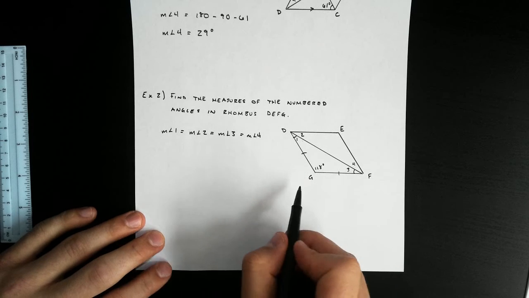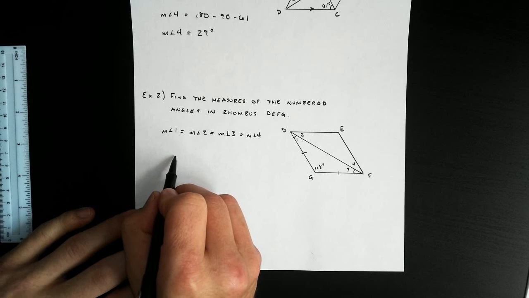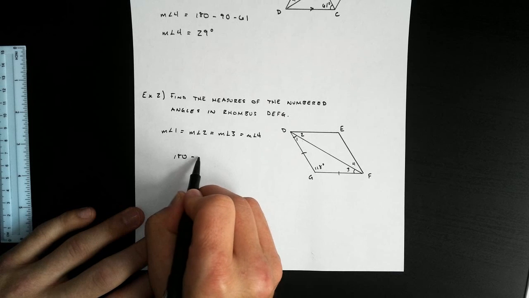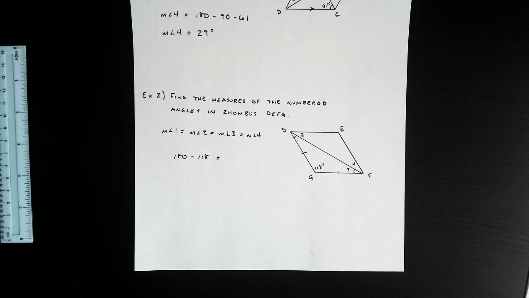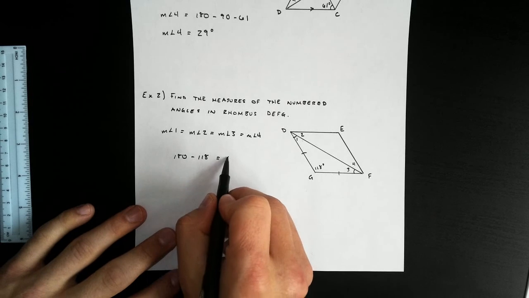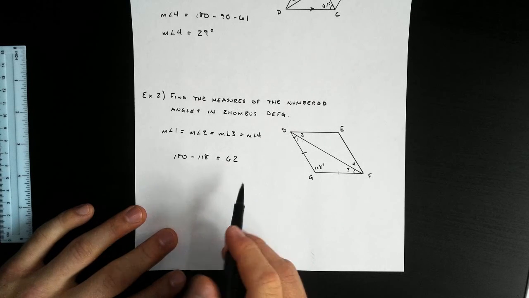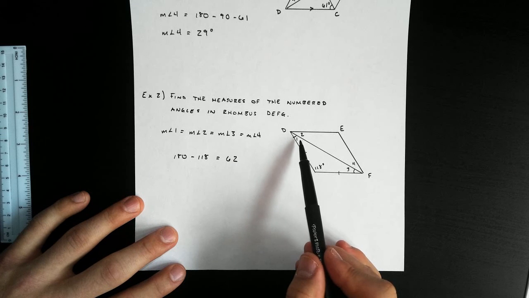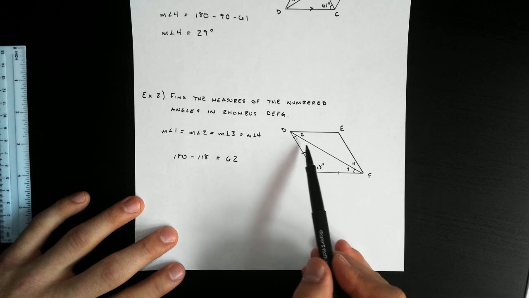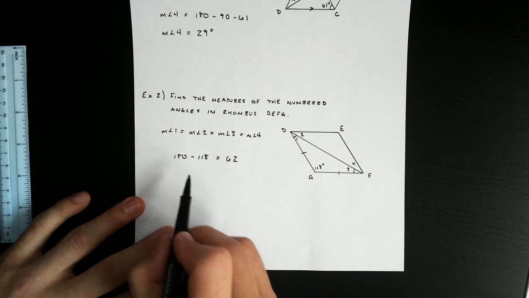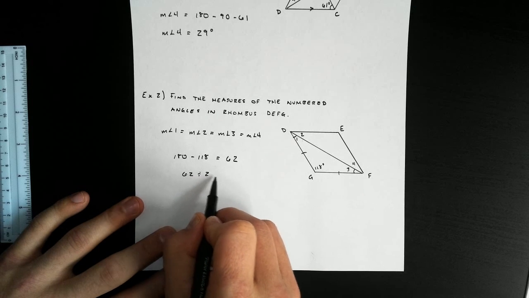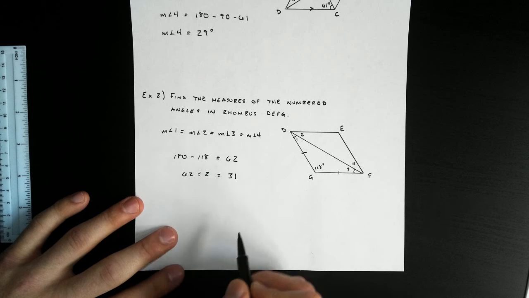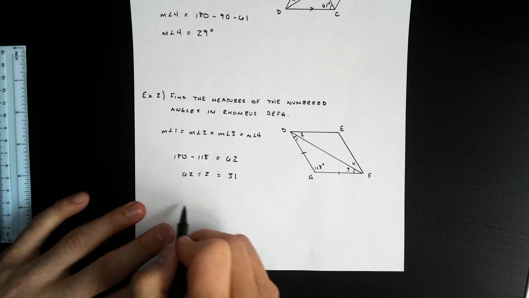So if I use the triangle sum theorem, so if I do 180 minus 118, that leaves me with 62 degrees. Okay, so that means that I need to split up that 62 degrees equally among these two angles. So 62, we'll cut that in half. So each of those angles is 31.